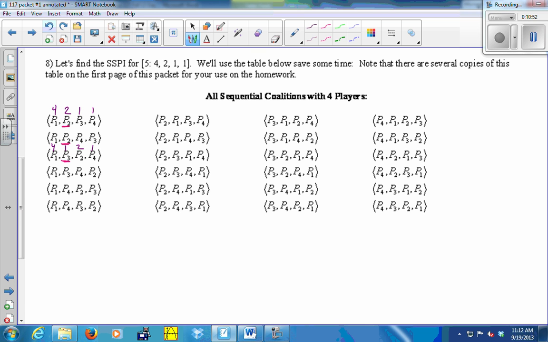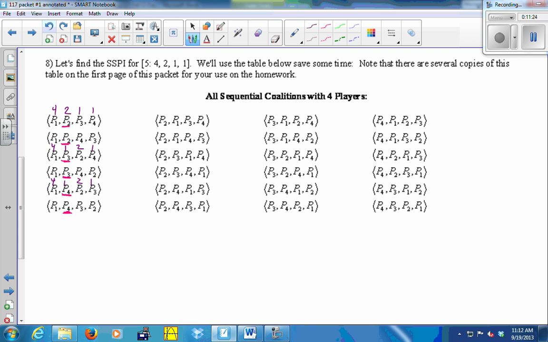The next one's also player 1, player 3, so player 3 is going to be pivotal there also. Now I have player 1, player 4, player 2, player 3. Player 1 has 4, player 4 has 1. When I add the 1 to the 4, I meet the quota. So player 4 is pivotal, and they'll be pivotal in the next one also.